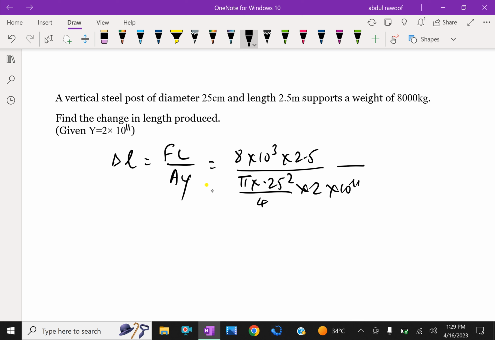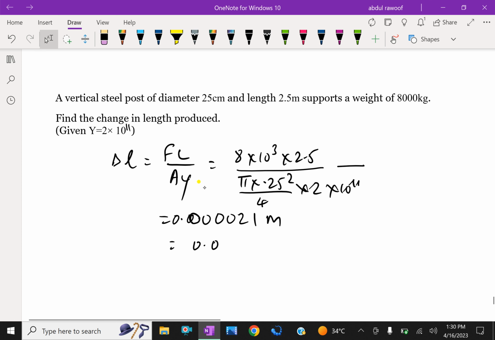So after simplification we get 0.0021 meter, one more zero here. Therefore, we can say it is 0.021 mm.